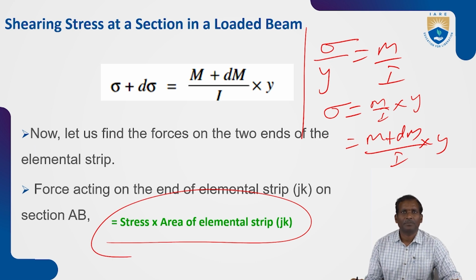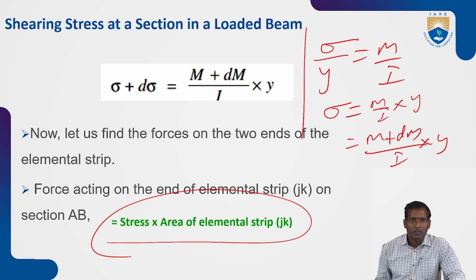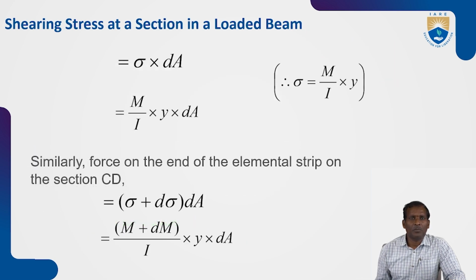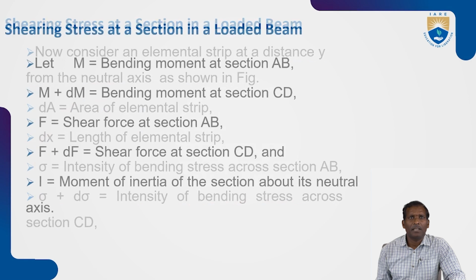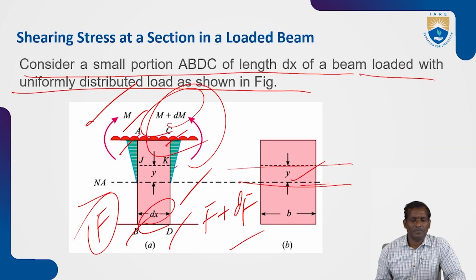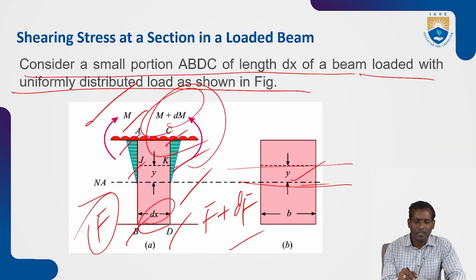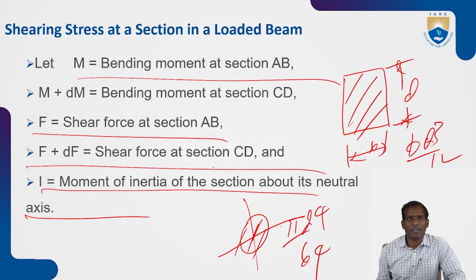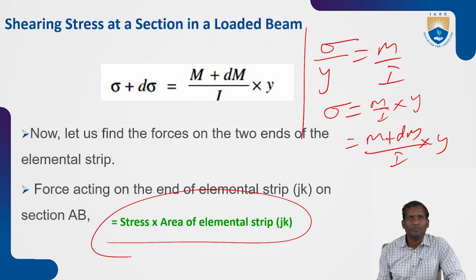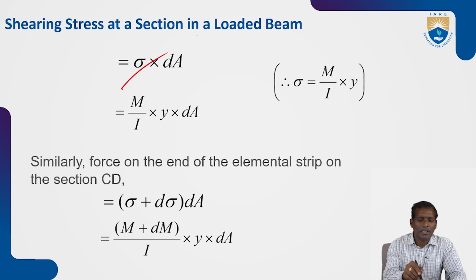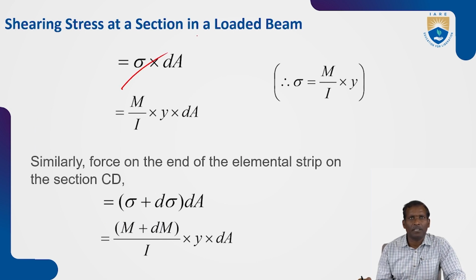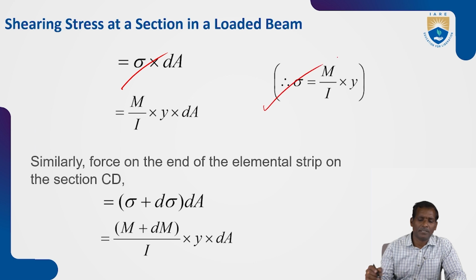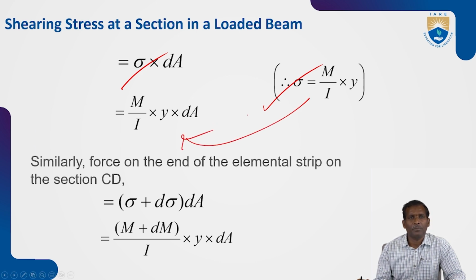That area is dA. Substituting the bending stress M by I into y in place of sigma, you get M by I into y into dA.